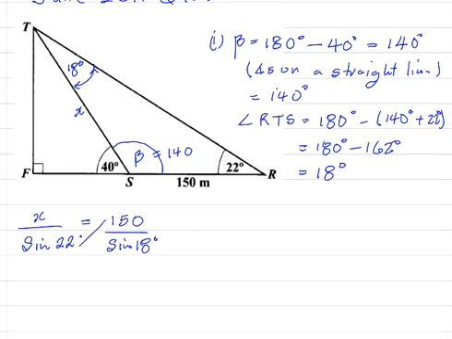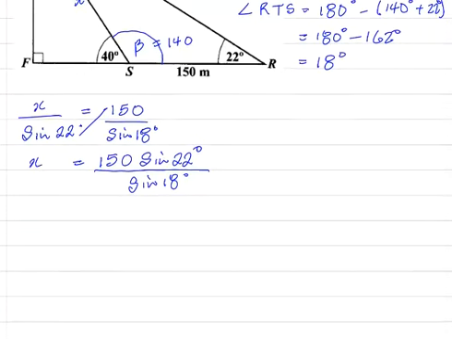Alright, bring this up here. I'm going to have X is equal to 150 sine 22 degrees divided by the sine of 18 degrees.